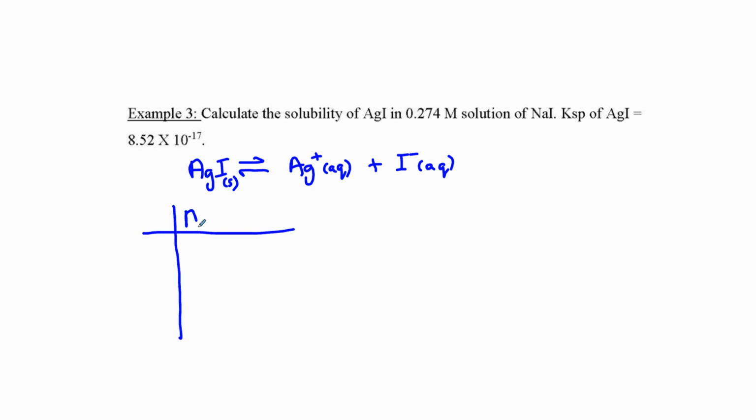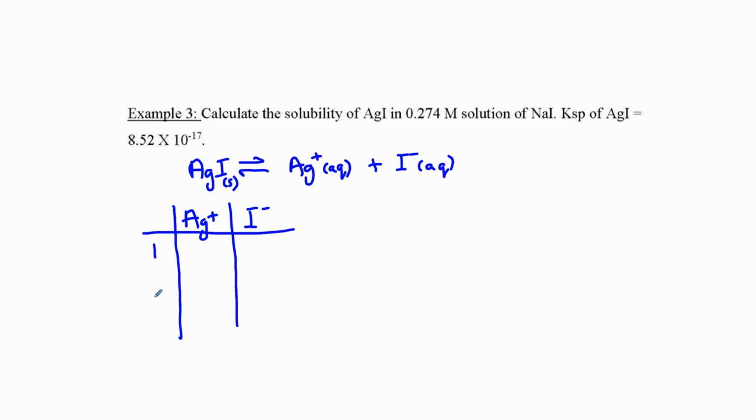All right, one more to try. So here we have silver iodide, and it's getting added to a solution of sodium iodide, and that sodium iodide has this concentration, 0.274 molar. So let's dissociate the silver iodide, and we'll make our ice table. Silver and iodide.